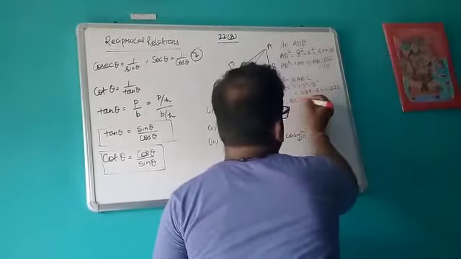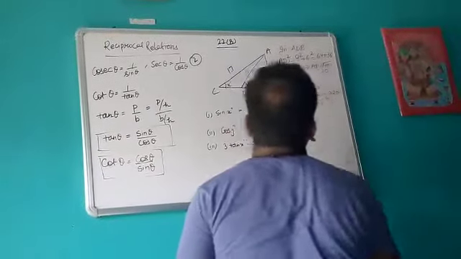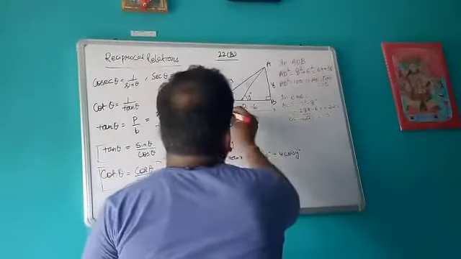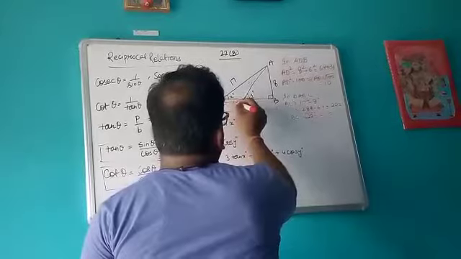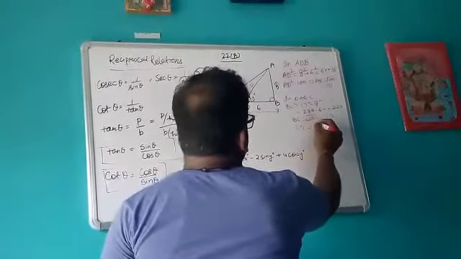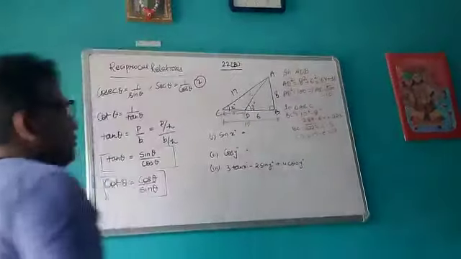So BC is square root of 225, that is 15. Okay, so from here to here, the answer is 15. So what is the value of this? It will definitely be 9. So you can calculate CD as 15 minus 6, that is 9. Now see, we have all the values which we want.